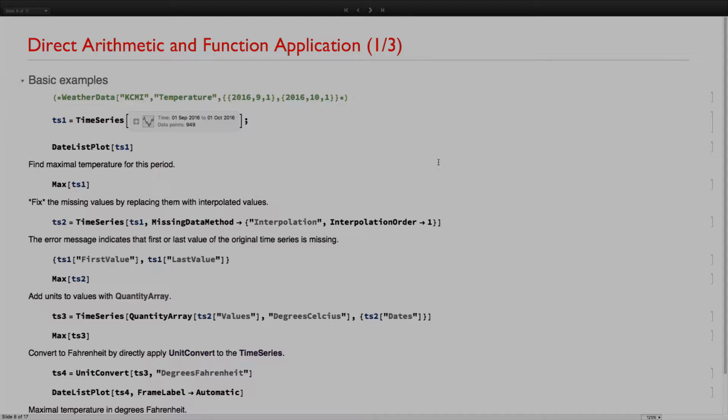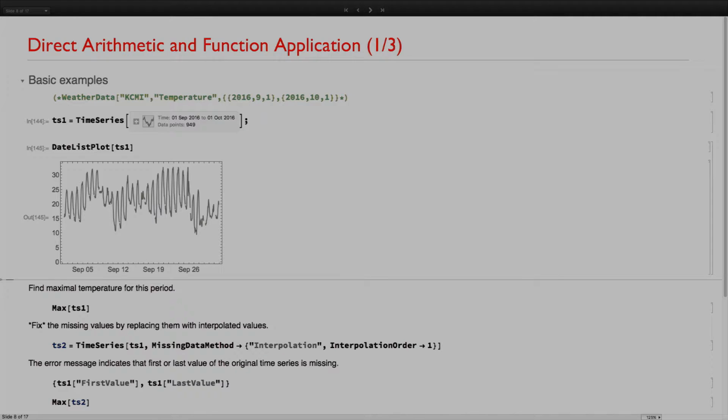Okay, so moving past the introduction, we're going to work with the weather again. For those who went to my talk yesterday, the commented code is exactly how to obtain this time series. I just have it as a shortcut here so that the time series are already defined. So what we have here is the temperature.